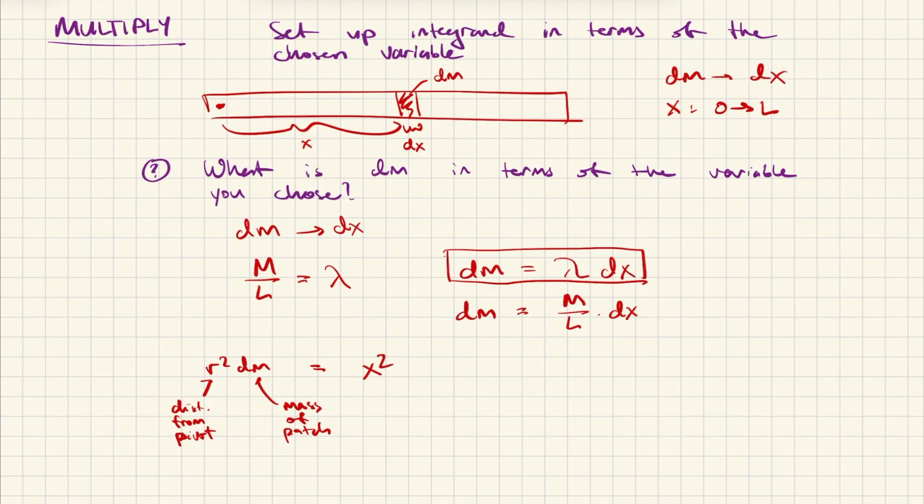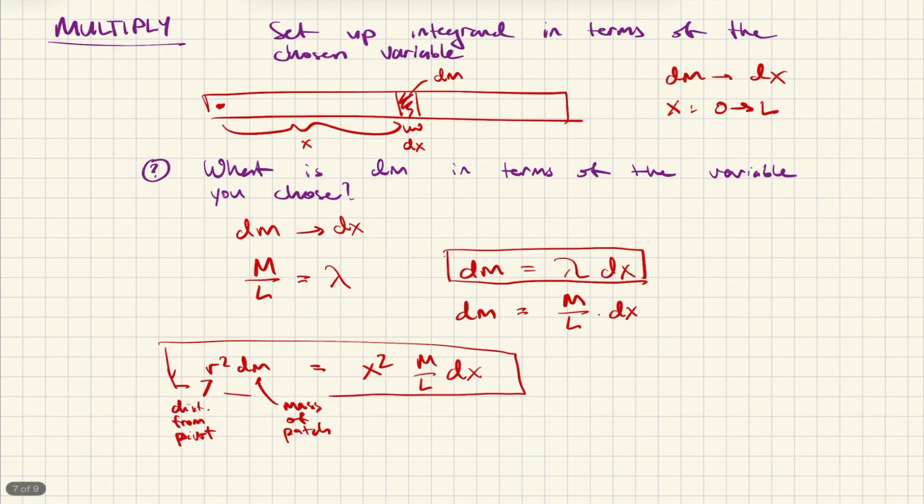And so we have x squared on the left-hand side. And our dm is determined by this relationship we wrote up here in a box. So dm becomes m over L dx. Now we've totally written out the integrand, the multiply part, in terms of just a geometric variable, this dx that we've chosen to integrate over.